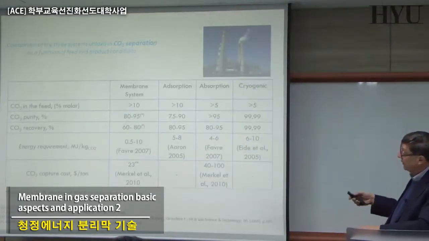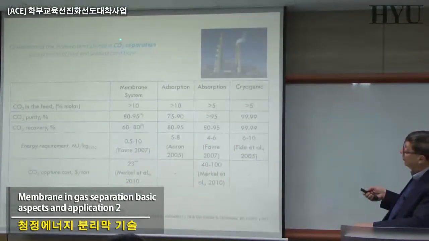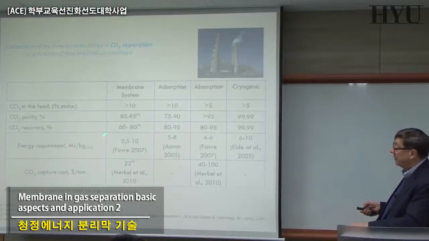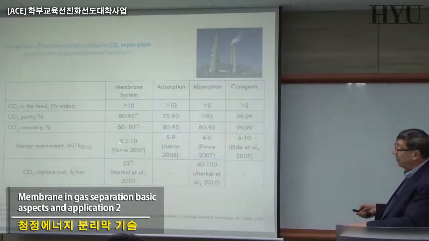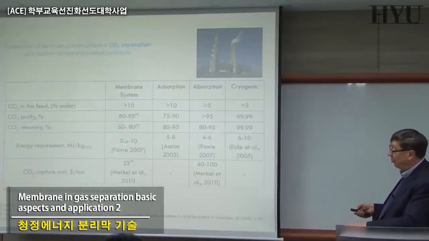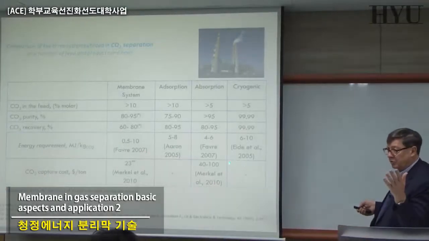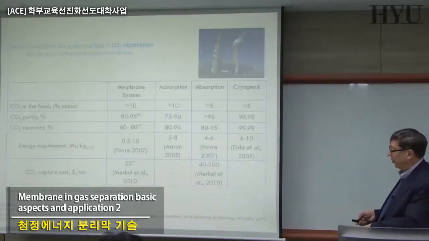And again, this is the system that you can compare for the CO2 separation. In this table you can see the energy requirement between membrane systems and cryogenic or absorption. If you do it right, on this side you can have one order of magnitude, as in reverse osmosis, a factor of 10 lower if possible.